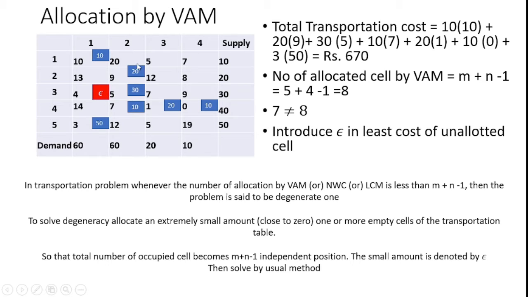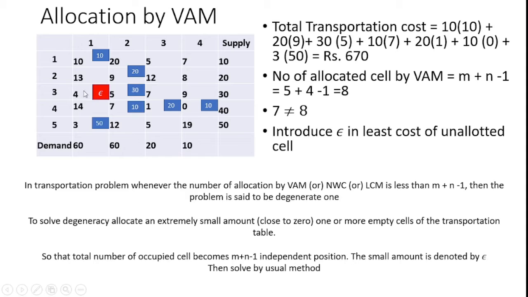Here you see I compare all the unallotted cell values available in the table: 25, 7, 13, 12, 8, 4, 7, 9 and 14, 12, 5, 19. I compared all of them with each other.